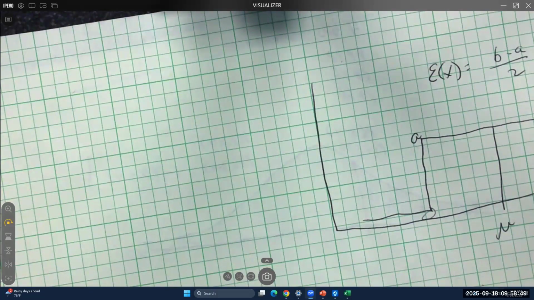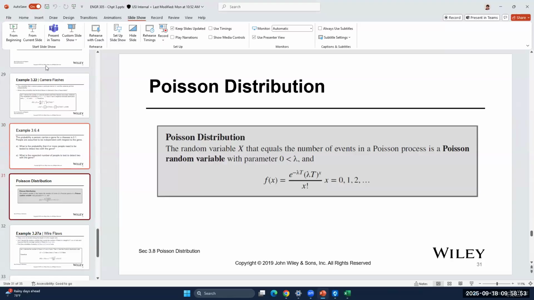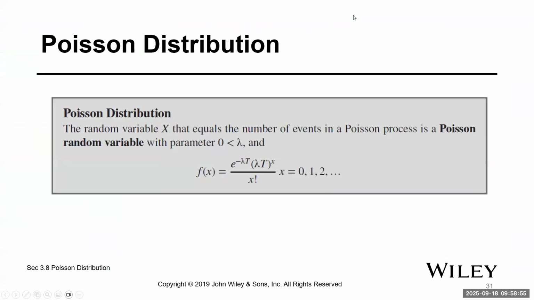The last discrete distribution that we look at in this class is the Poisson distribution. And so for the Poisson distribution, we have things to the power of e, and we have a lambda value. And the lambda we're going to see is a rate. So a Poisson process is a probability that something happens at a given rate.